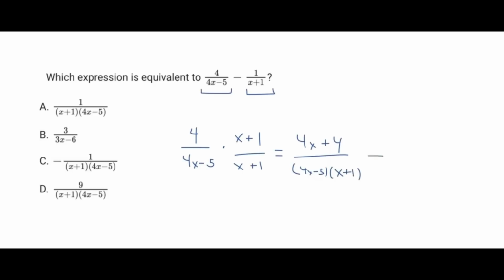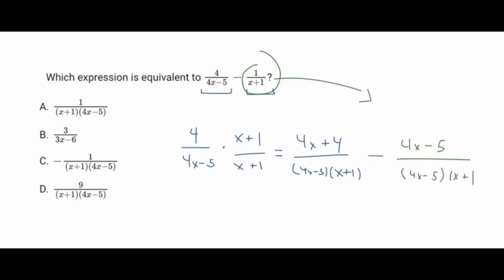And so now we'll want to do the same thing to the other side. So here we're going to have this term right here, 1 over x plus 1. We're going to be multiplying this by 4x minus 5 over 4x minus 5. And so therefore we will get 4x minus 5 over x plus 1, so that's going to be 4x minus 5 times x plus 1 in the denominator.